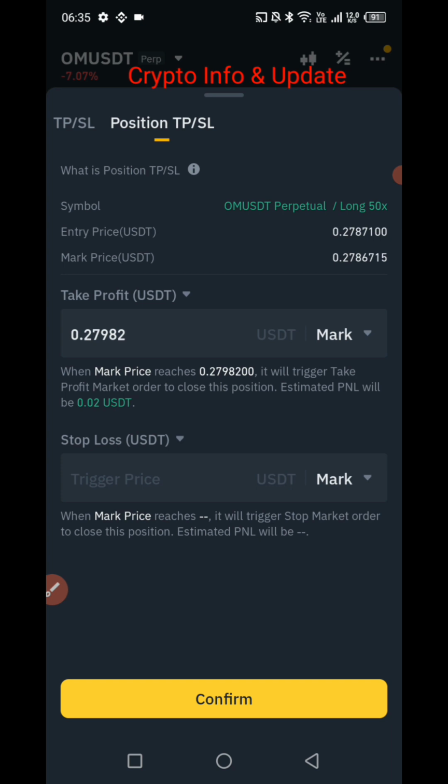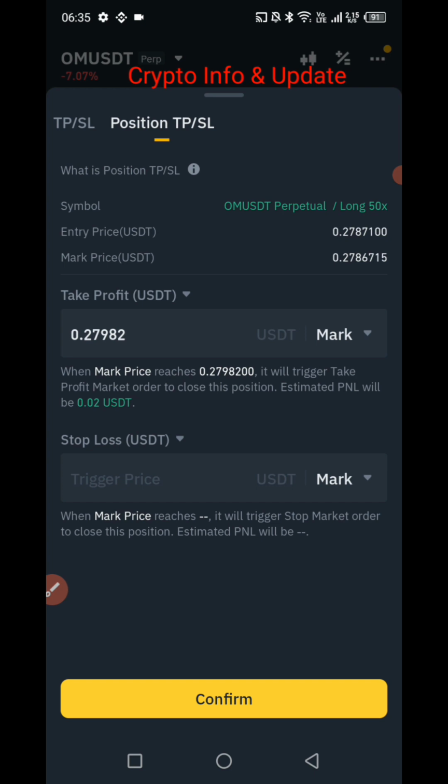So 0.02 USDT, which will be my take profit or my targeted exit price, will now be my profit. It means 20% of the capital I'm using for this very trade, which I'm using as an example.